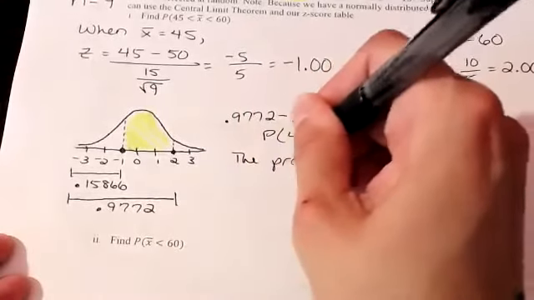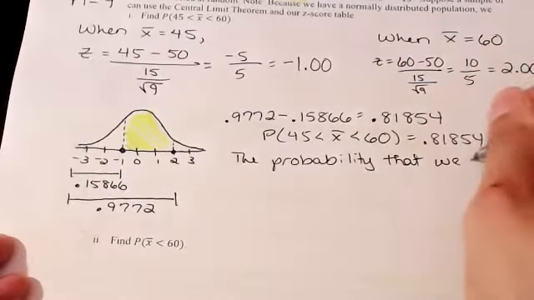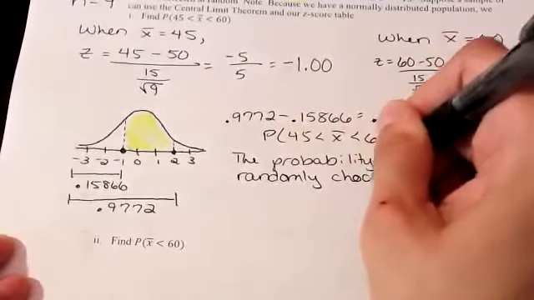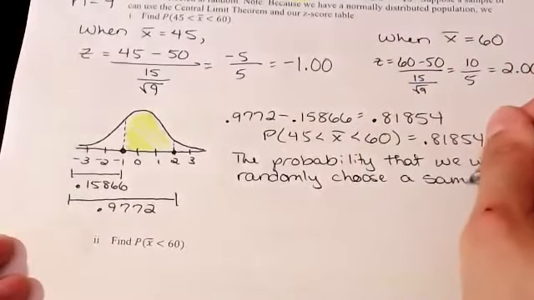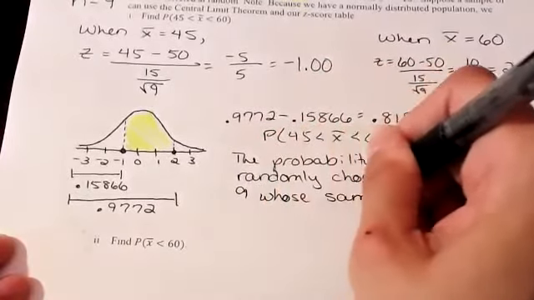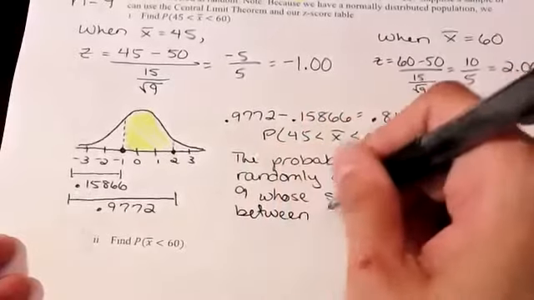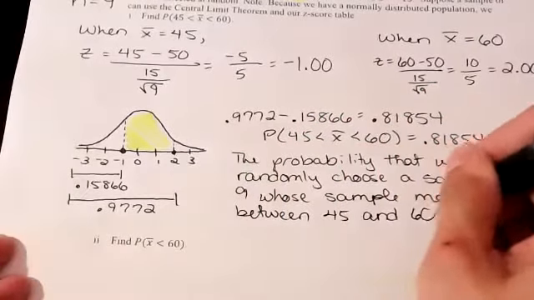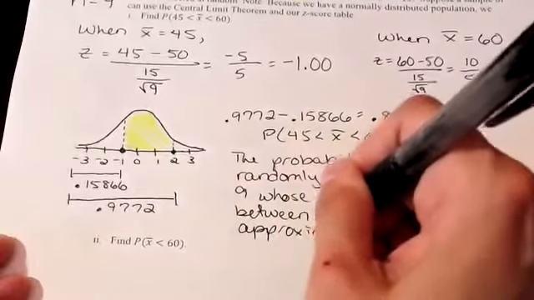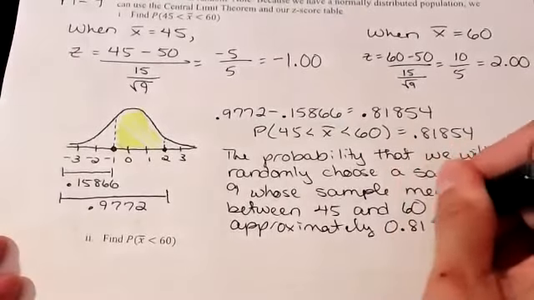The probability that we will randomly choose a sample of 9 whose sample mean is between 45 and 60 would be approximately, remember we're asking for probability, not percentages, would be approximately 0.81854.